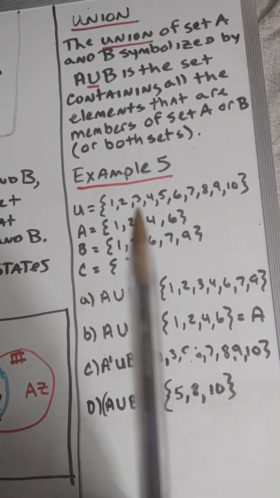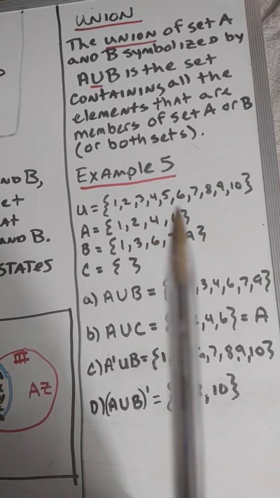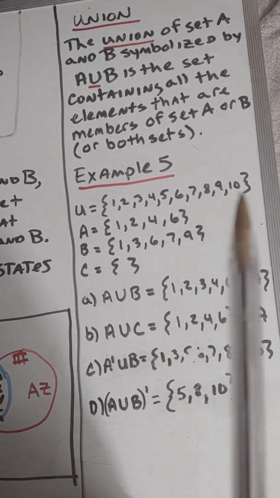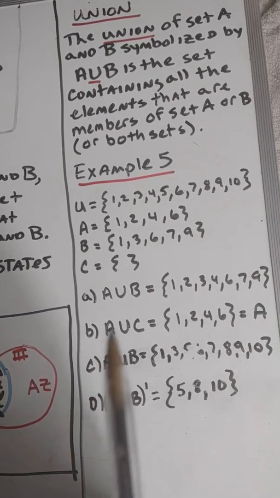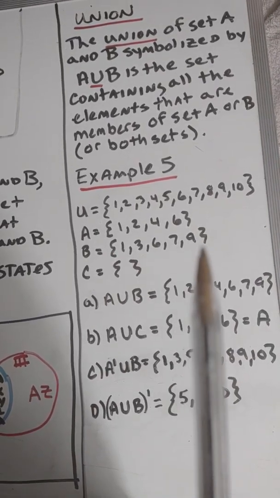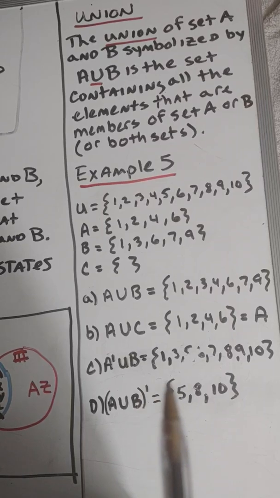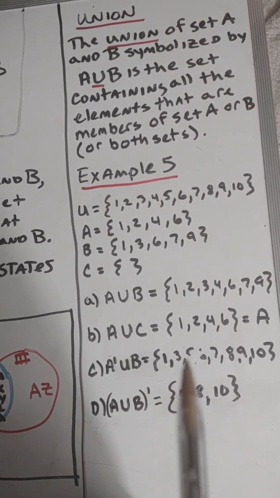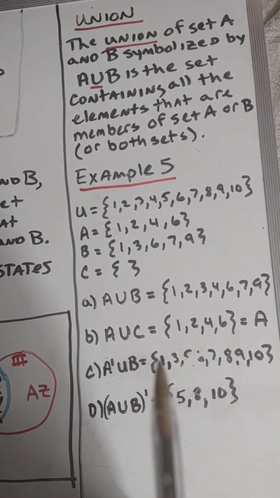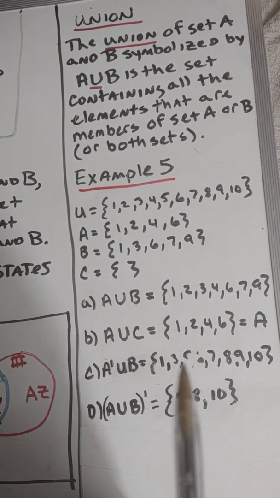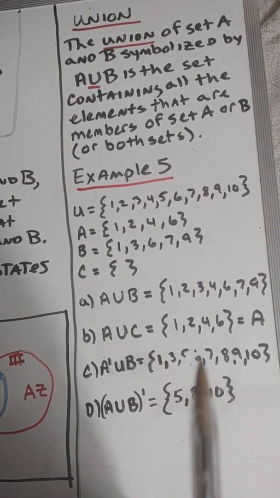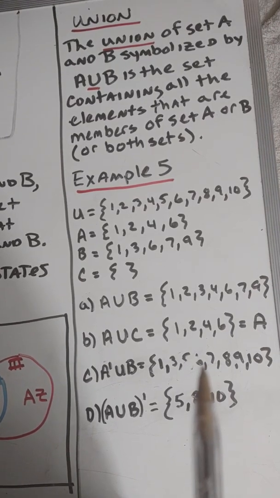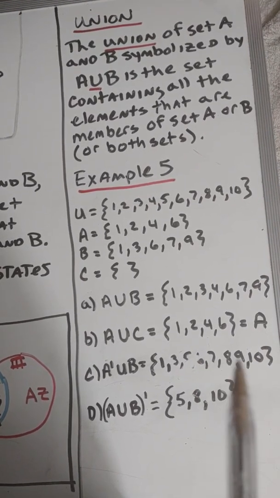That means A prime is 3, 5, 7, 8, 9, 10. If we look at B, we have 1, 3, 6, 7, 9. So the union of this is 1, 3, then 5, 6, 7, 8, 9, 10.